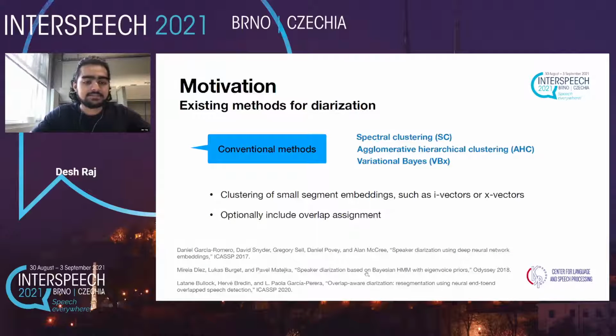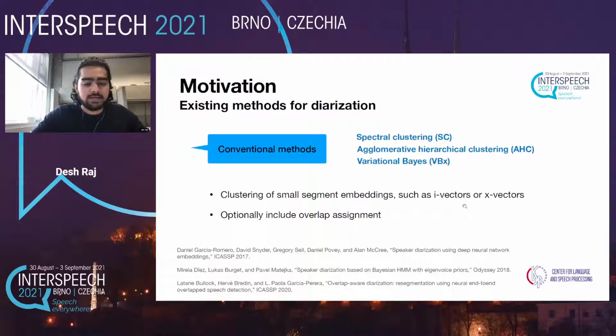The existing methods of diarization are several. The most conventional methods involve some kind of clustering. We take the recording, break it up into small segments and obtain embeddings from each segment. These embeddings may be obtained through different methods like i-vectors, x-vectors, d-vectors, and so on.